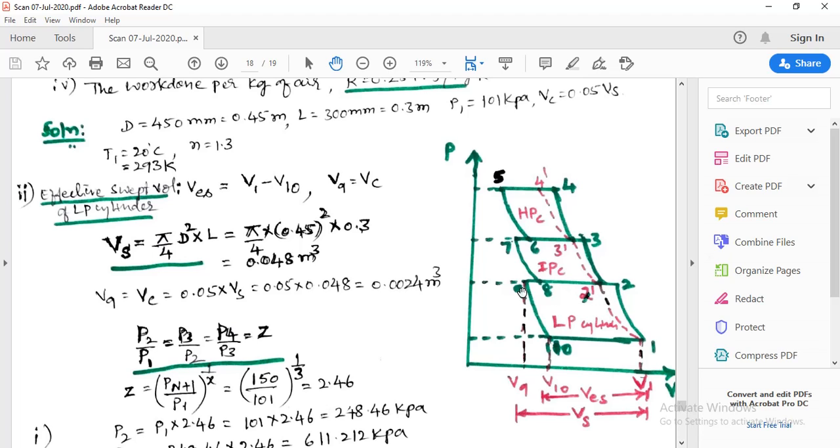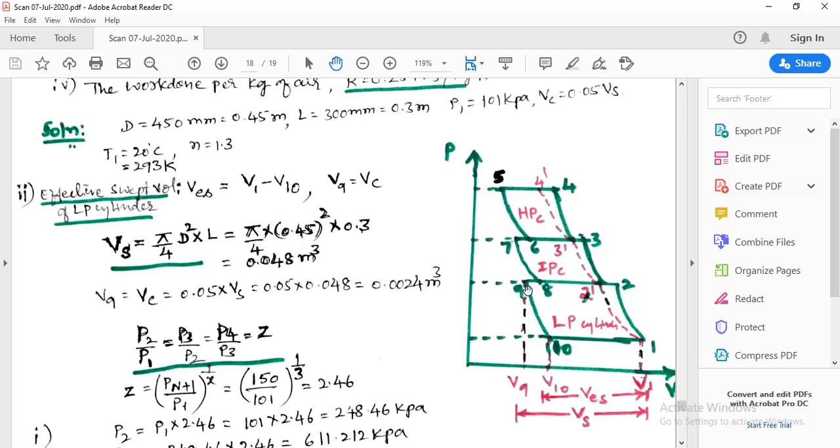So the volume of air leaving the first cylinder is V2 minus V9. This volume enters the intercooler, where its temperature is decreased to the initial temperature, so its volume will decrease. That is, the volume V2 minus V9 is reduced to V2 dash minus V9.